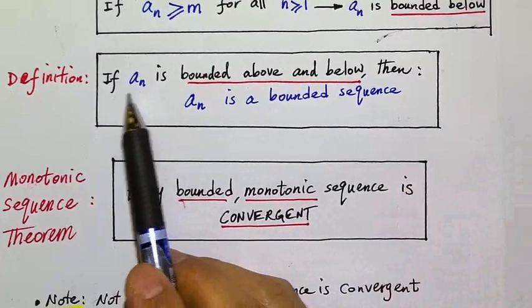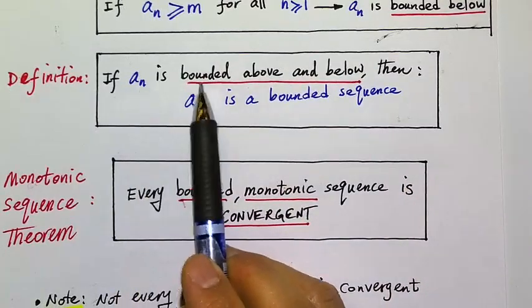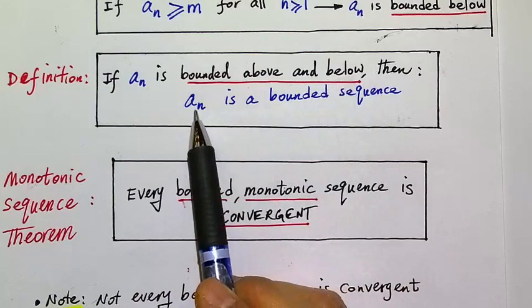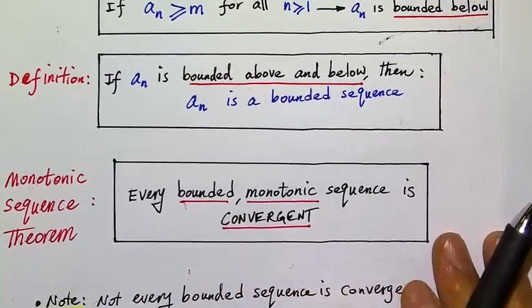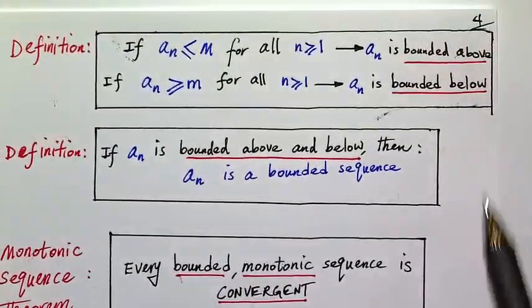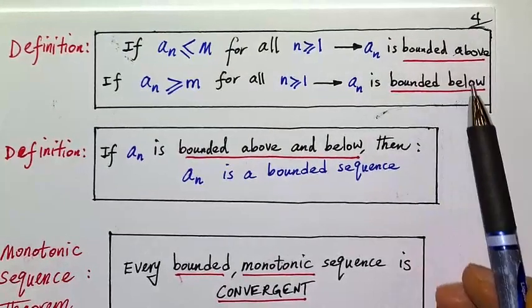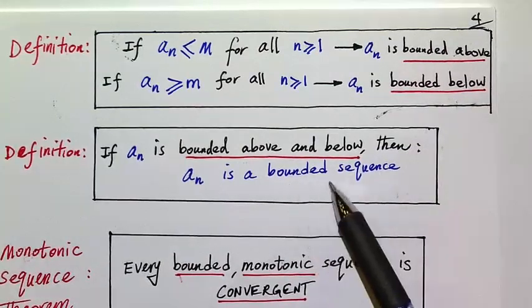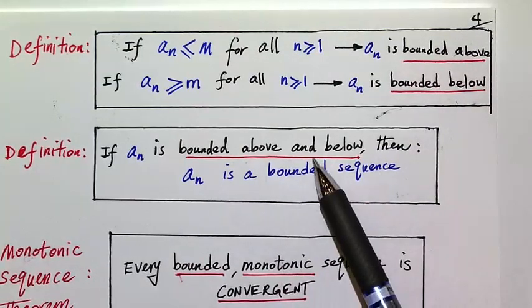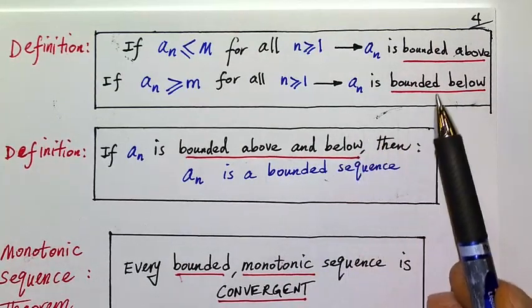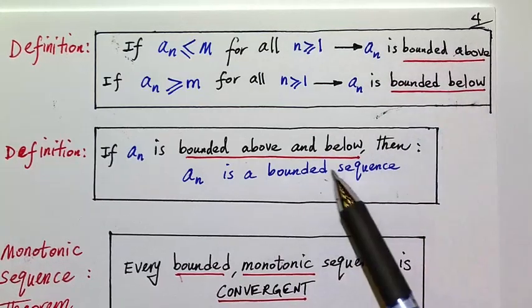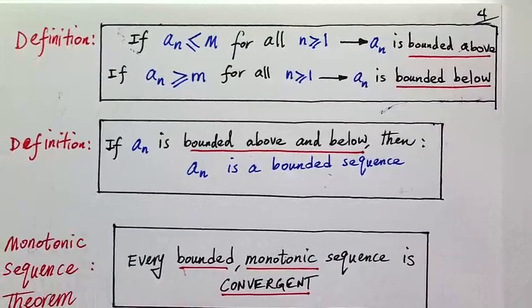So if the sequence is bounded above and below, then the sequence is a bounded sequence. In other words, if you have a sequence that is just bounded above or just bounded below, we can't call that sequence bounded. A bounded sequence is one that is both bounded above and bounded below. That's what this definition is saying.